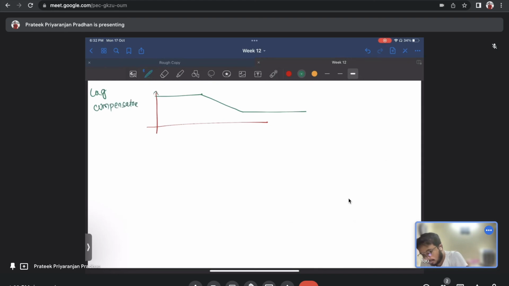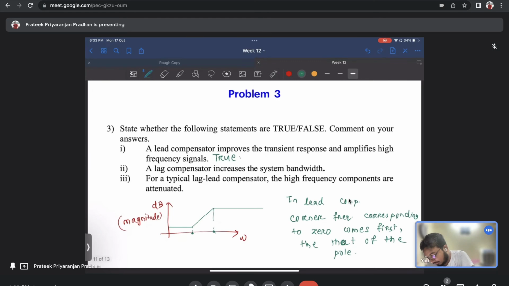Basically, what does the lag compensator do? It decreases the phase margin, so the bandwidth gets reduced. But the question said the lag compensator increases the bandwidth. No, it decreases the bandwidth.